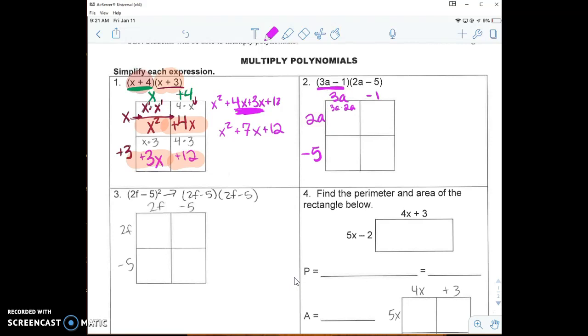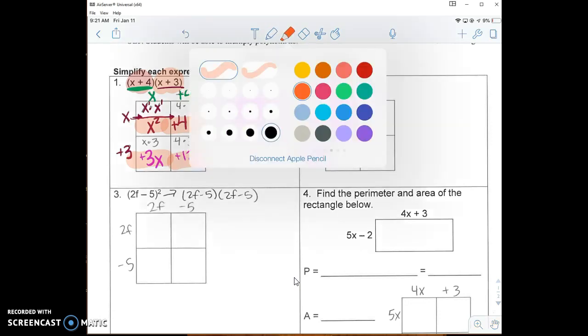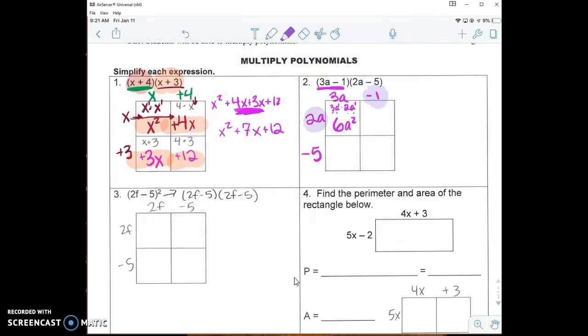Number by number, letter by letter, 3 times 2 is positive 6. A times a, remember exponents, we add those exponents. This makes a squared. In the next box, 2a times negative 1. 2 times negative 1 is negative 2a.